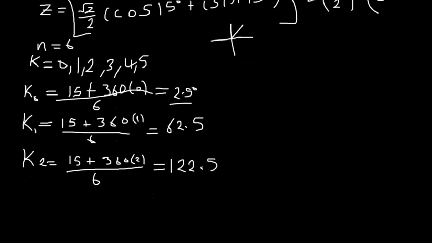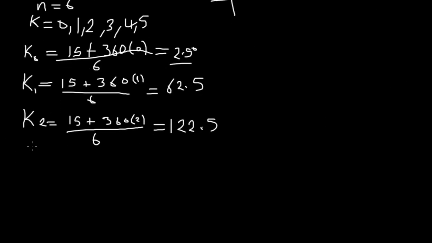When your k is equal to 3, you're going to have 15 plus 360 times 3, then everything divided by 6.